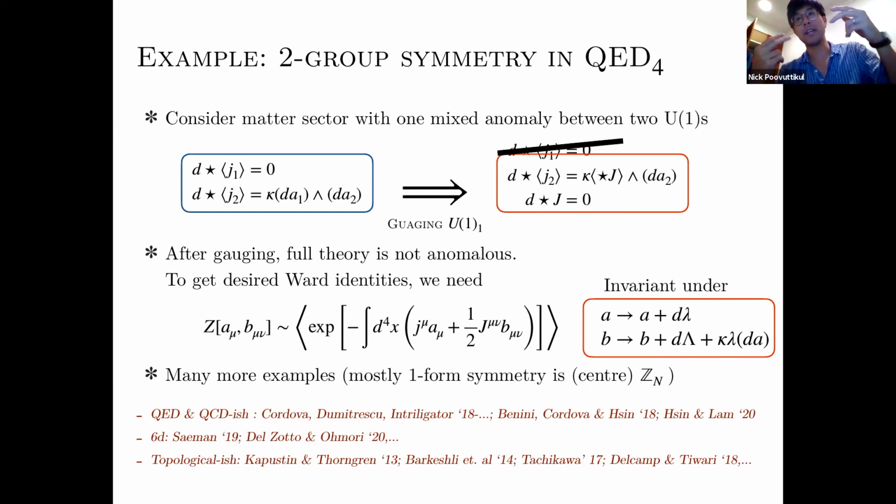Or you can have a case where you have a mixed anomaly between a flavor and a Z_N global symmetry. I'm not sure how to write hydrodynamics for those things, but it might be possible. In this case, I'm only working with the U(1).